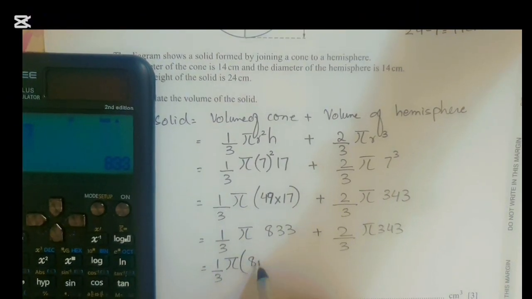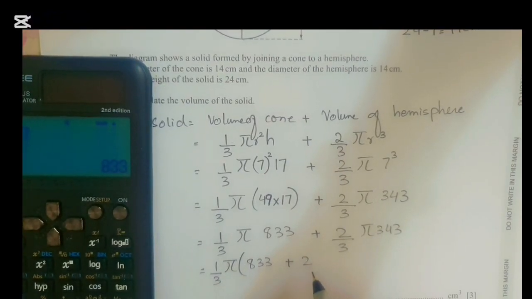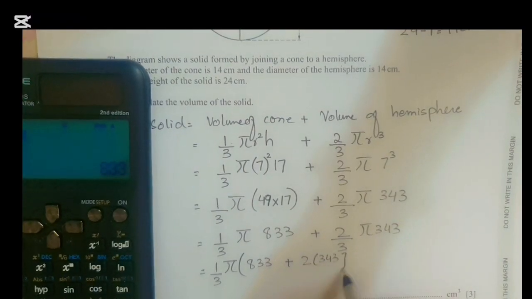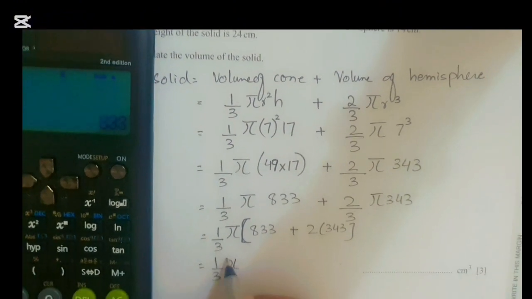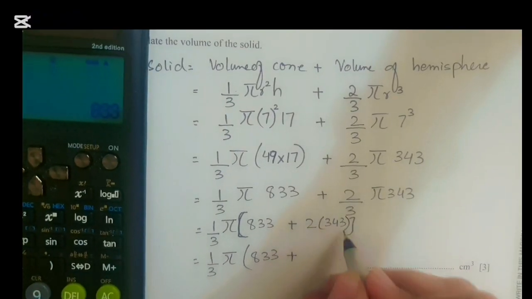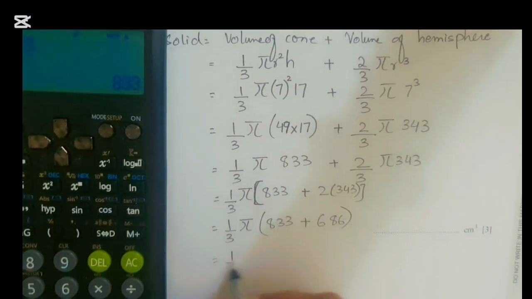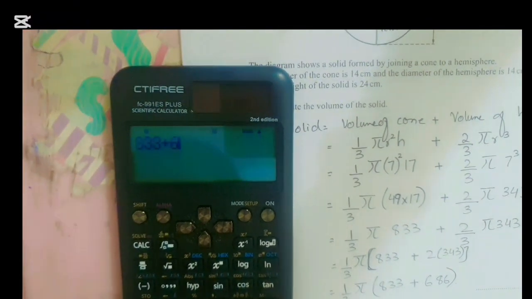What is left? 833 plus 2 times 343, because 2 is left over here. I'm making a square bracket so you can understand. 2 multiplied by 343 gives 686. Now add both of them: 833 plus 686 is equal to 1519.